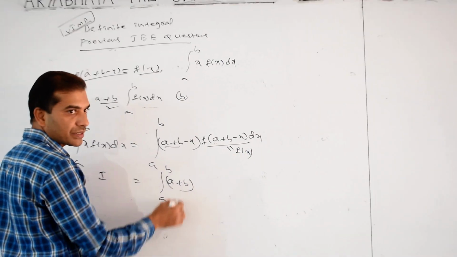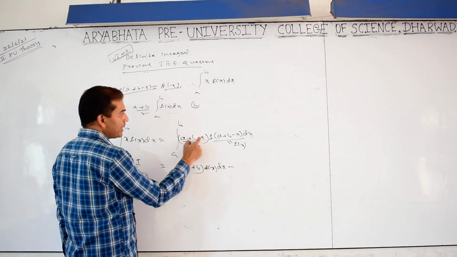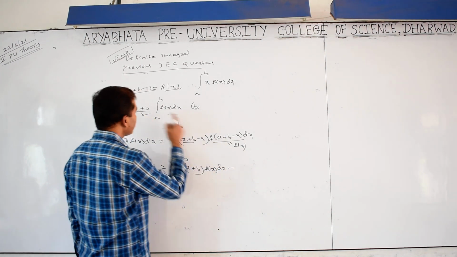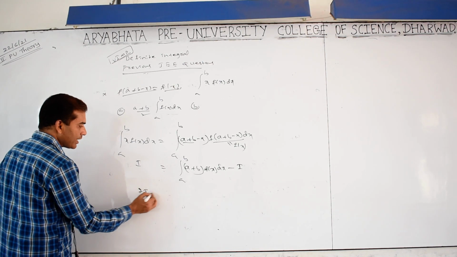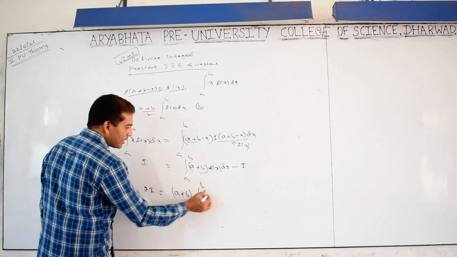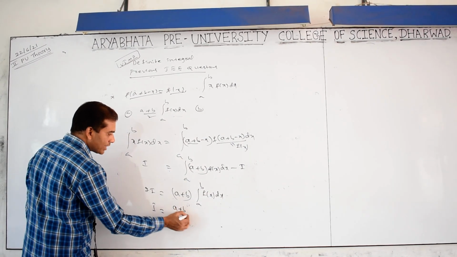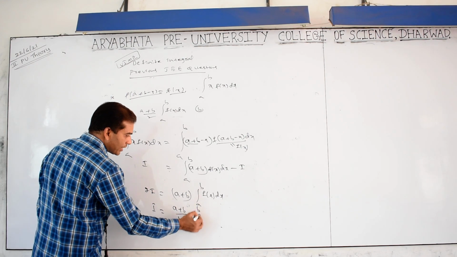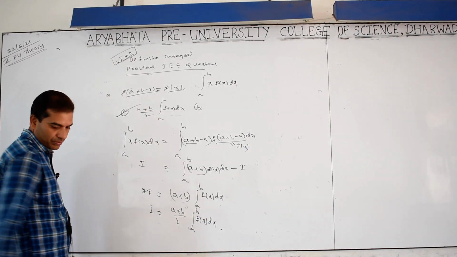This is f of x dx, minus a to b x into f of a plus b minus x, and this is I. Transfer this side, 2I equal to a plus b integration of a to b f of x dx. Then I equal to a plus b by 2 integration of a to b f of x dx. This is the right option.